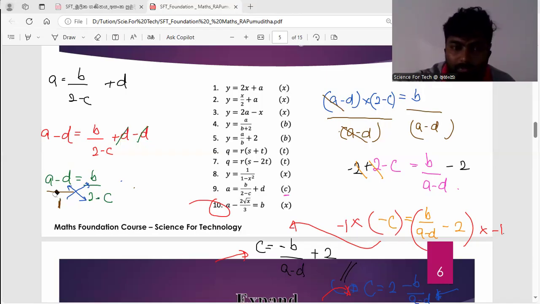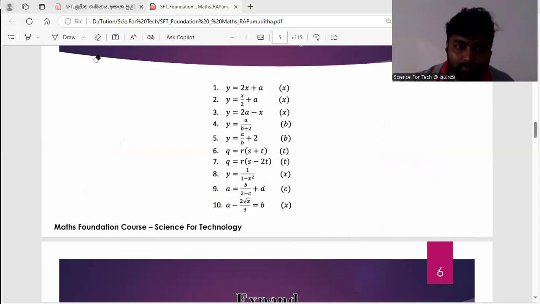Okay, I will do that one. And a minus ... is equal to b. We have to make the subject as x, no?